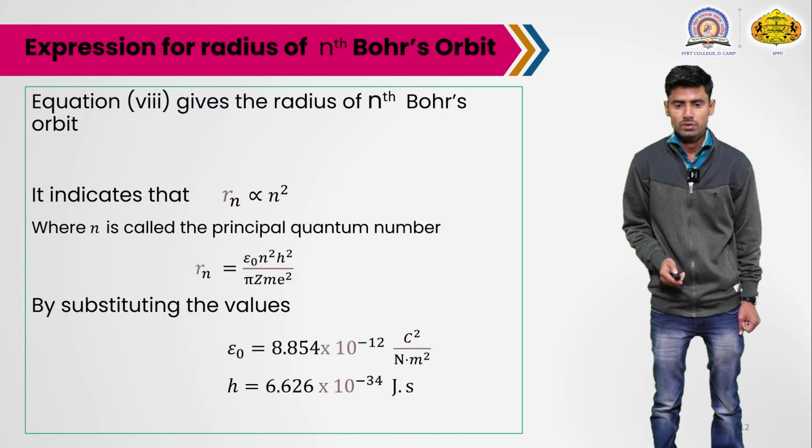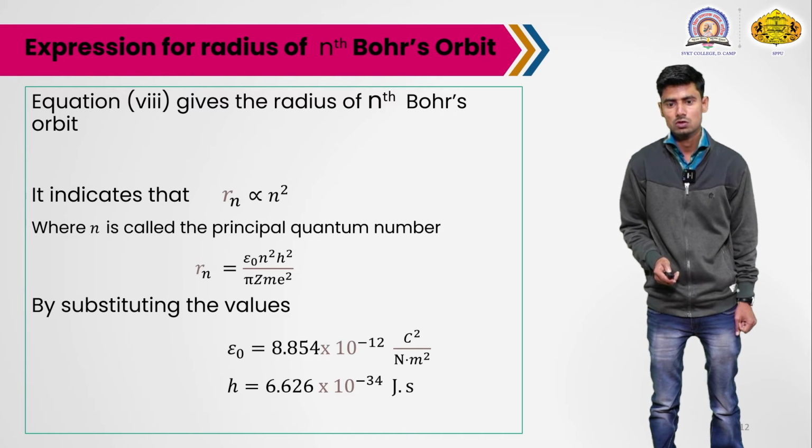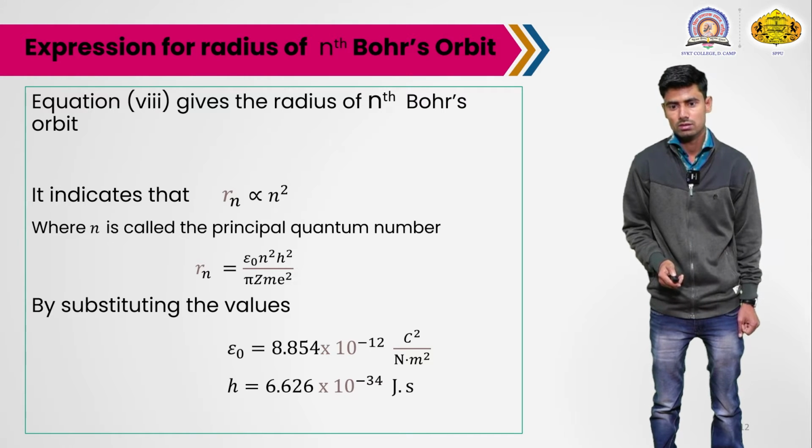Here, if I substitute the values of all the constants in the expression for the radius Rn, we have epsilon 0, the permittivity of free space, whose value is 8.854 into 10 raised to minus 12 coulomb square per newton meter square, and the value of Planck's constant is 6.626 into 10 raised to minus 34 joule second.